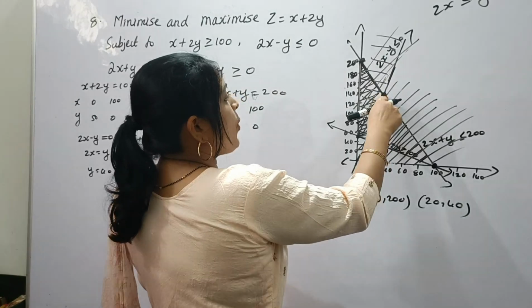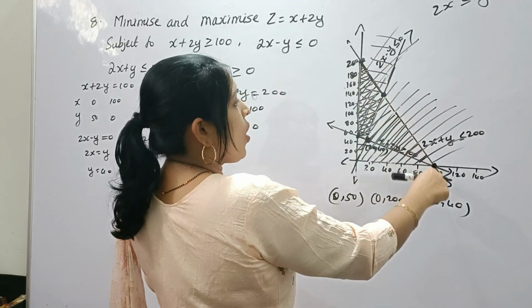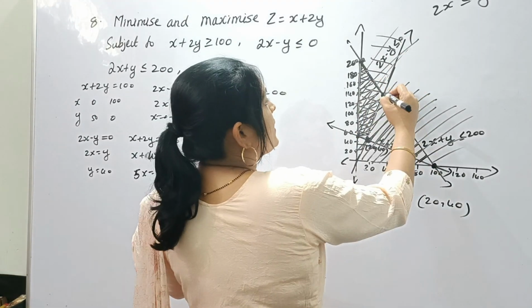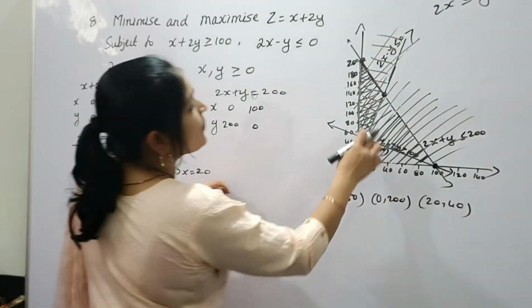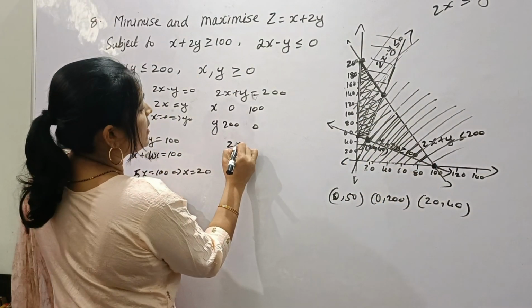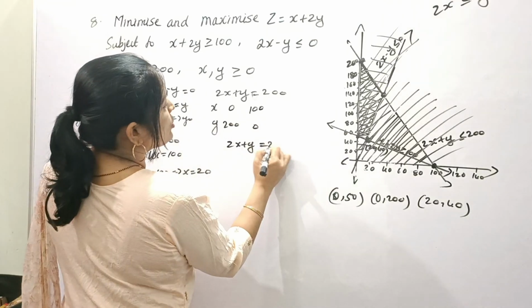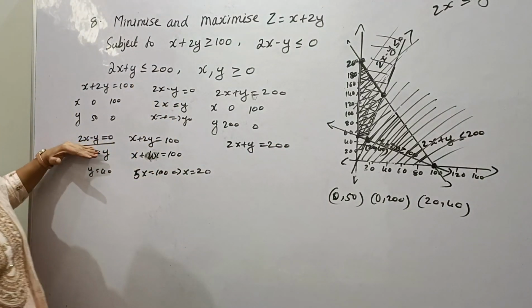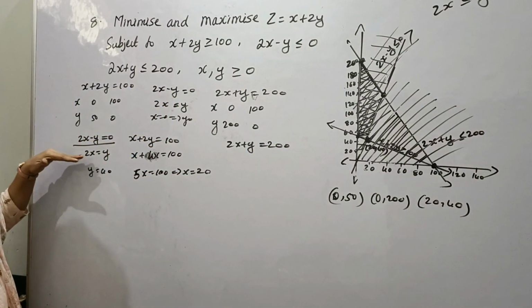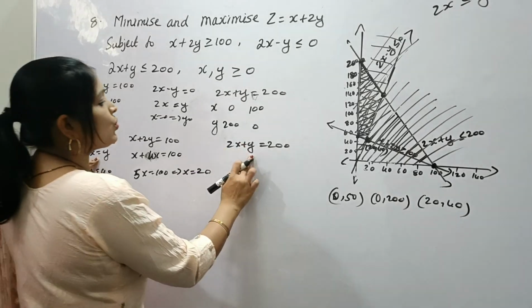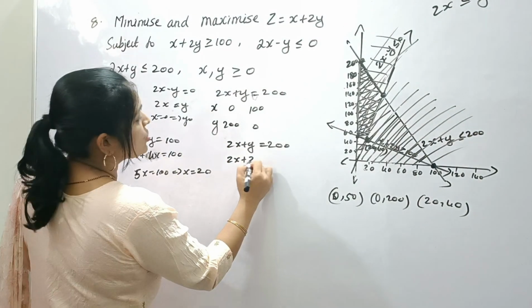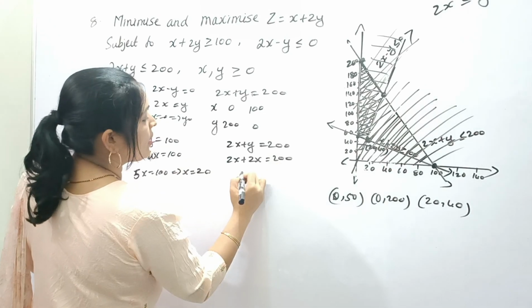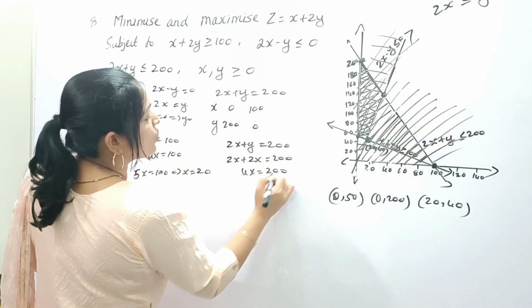Next we will find this point. It is the intersection of these two lines. One is this line, and 2x plus y is equal to 200. From this equation we get 2x is equal to y. Substitute here: 2x plus 2x, so 4x is equal to 200.